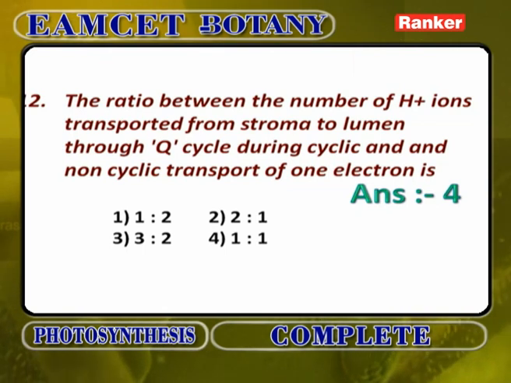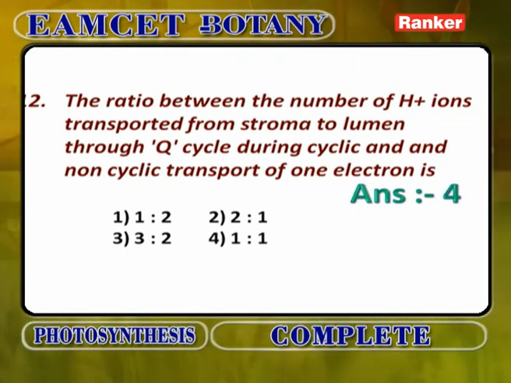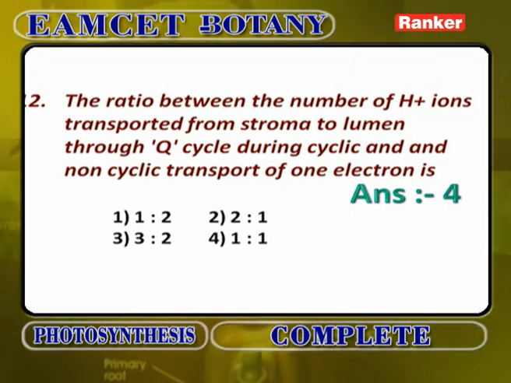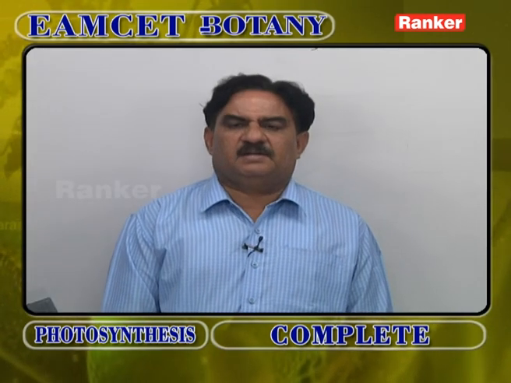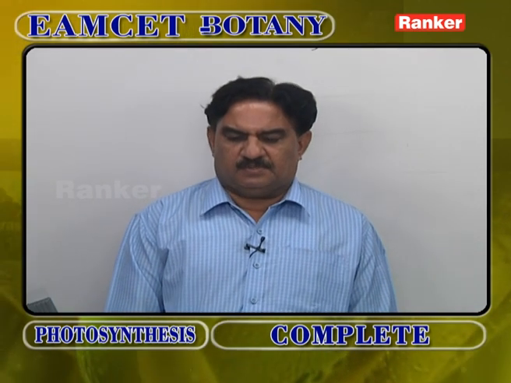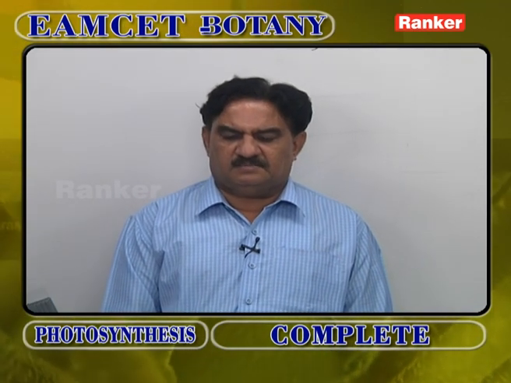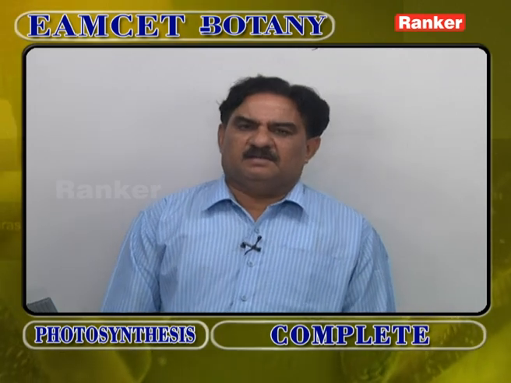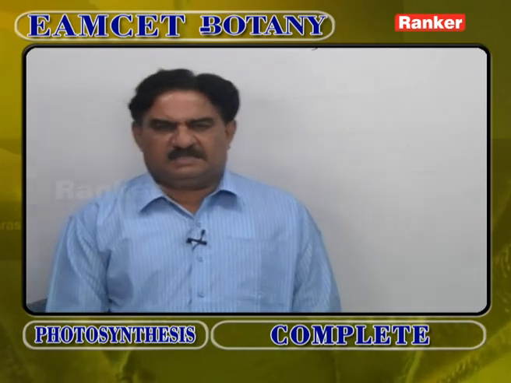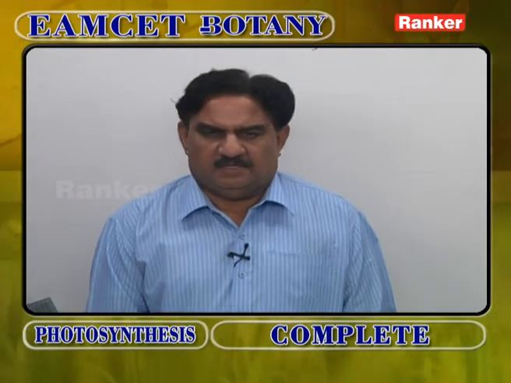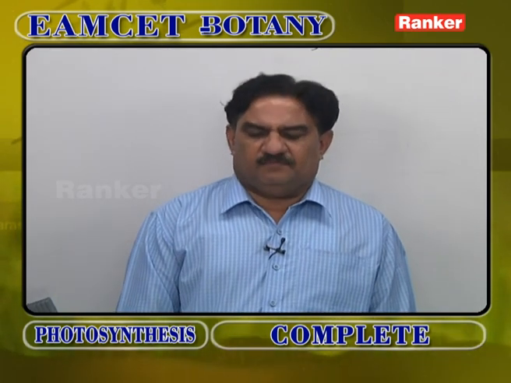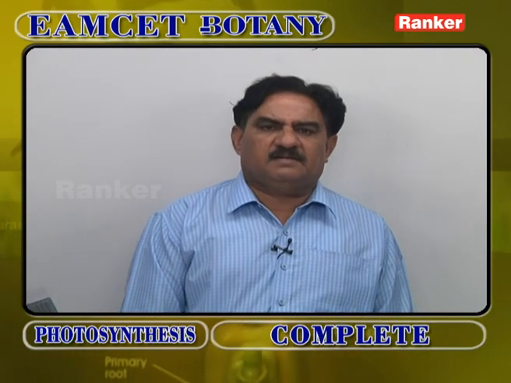The ratio between the number of H plus ions transported from stroma to lumen through quinone cycle during cyclic and non-cyclic transport of electrons. One electron always takes 2 protons. 2 electrons always take 4 protons in both cyclic and non-cyclic.